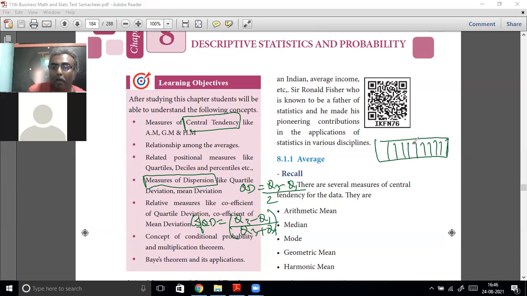What it is showing is where the data is centered. That is a measure of central tendency. Now see 1, 2, 3, 4, 5. The median measure of central tendency is 3. Now, wait, let me do something else.